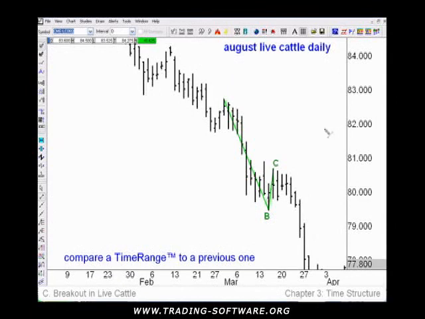Technically speaking, this time range is wider than this one by 1 bar. But let's just say we're going to use that one as our point A. In that case, point D ought to be down there somewhere, right around there.